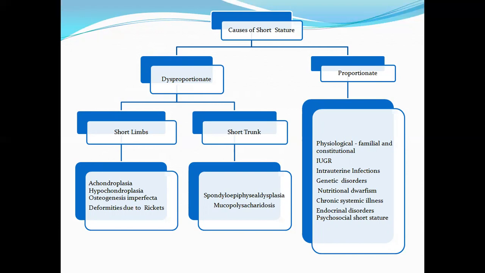According to this classification, we will move forward. Like in proportionate short stature, there is physiological, familial, and constitutional short stature, IUGR, intrauterine infection, genetic disorder, nutritional dwarfism, chronic systemic illness, endocrine disorder, or psychosocial short stature.